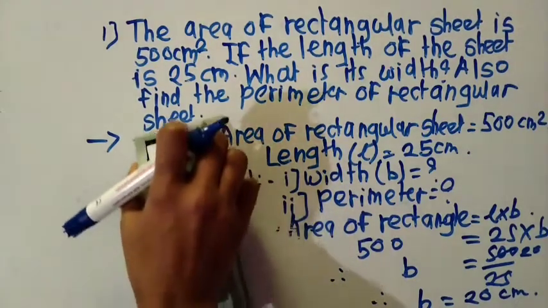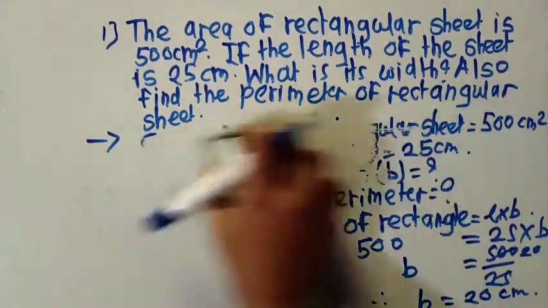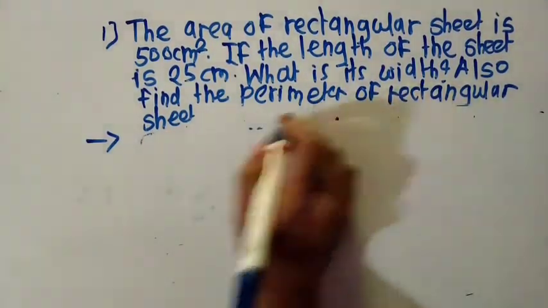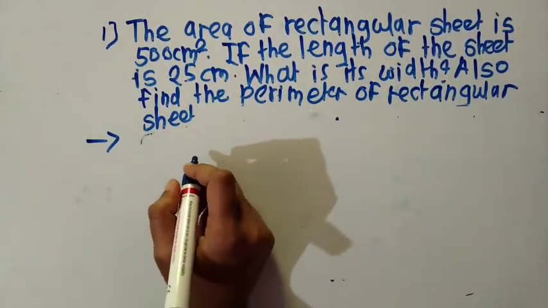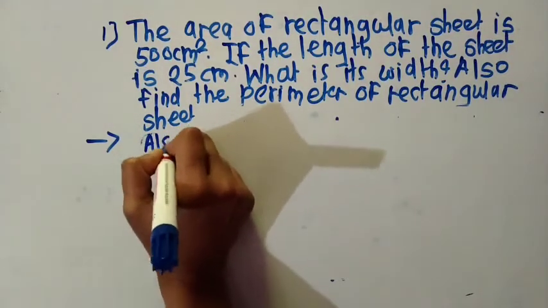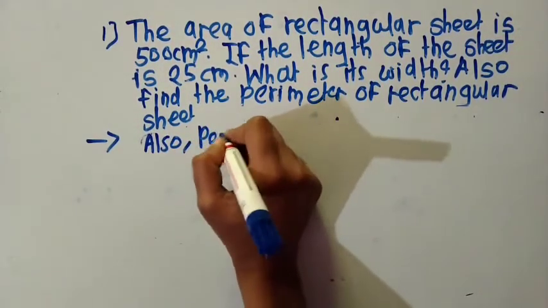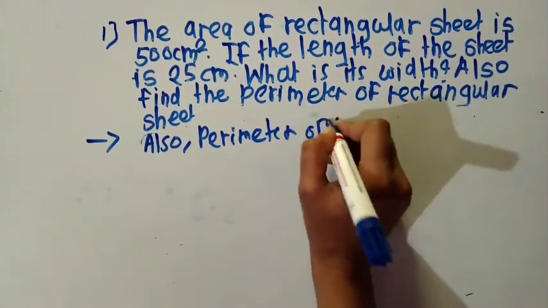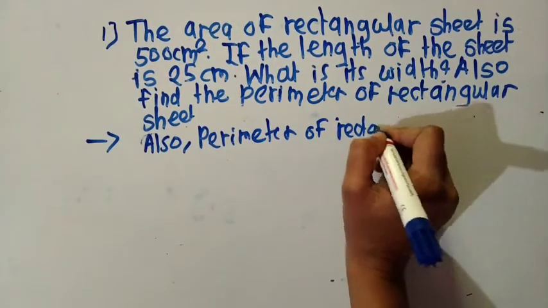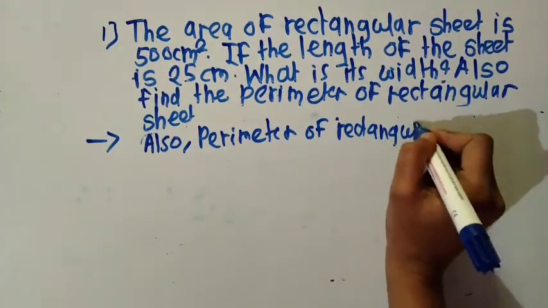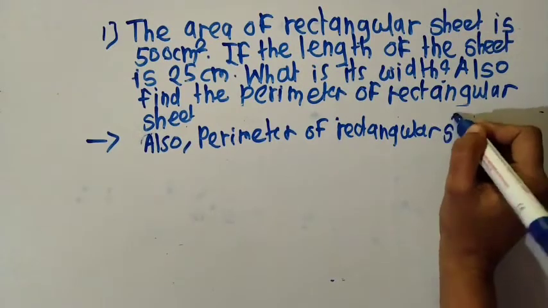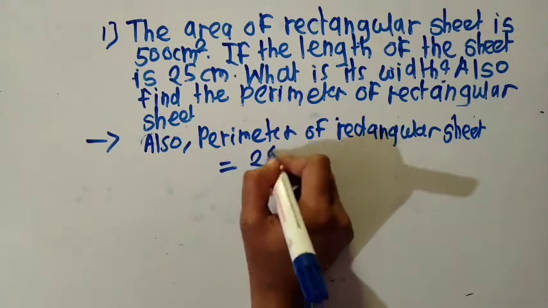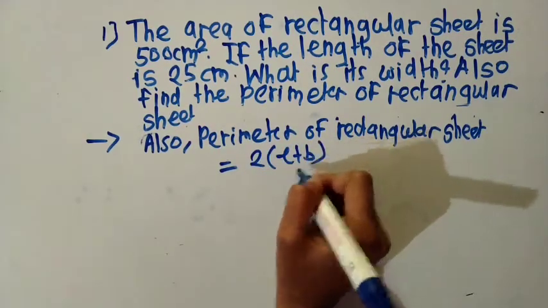Then we find out perimeter of rectangular sheet, which is equal to 2(L plus B).